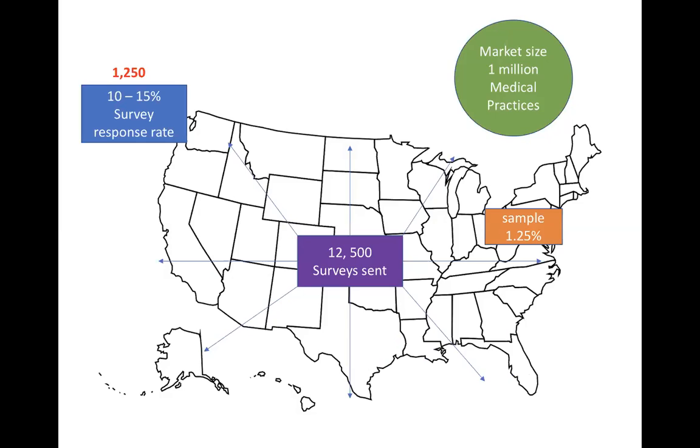All right, so here's my example, because I feel when I'm doing anything, it just works better when people are able to see an example. So if after I've done a Google search, or maybe I purchase a report, I found that there is in fact 1 million medical practices.